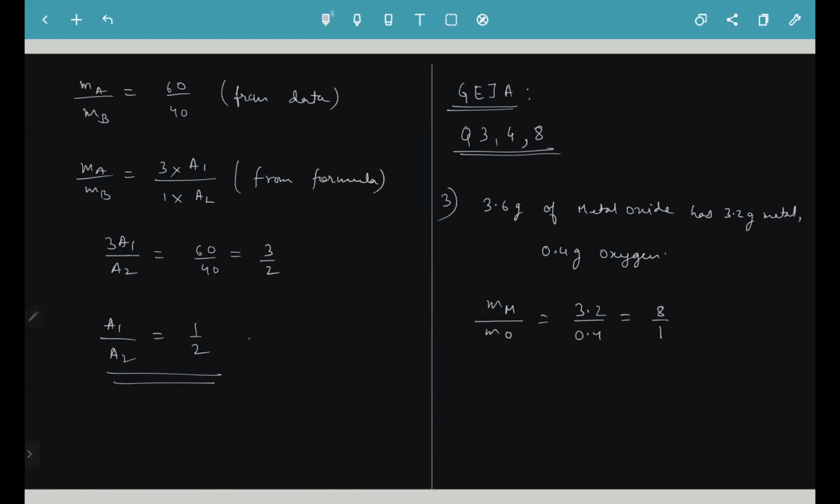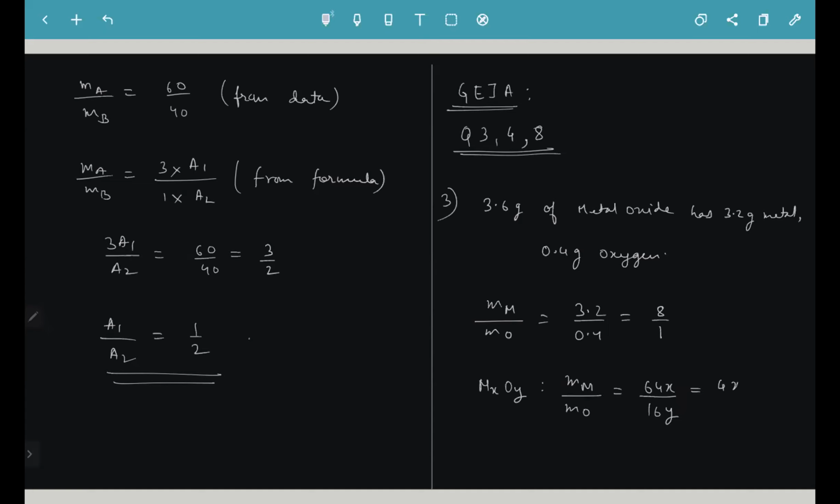So let us write the formula of the oxide as MxOy. So from the formula, we'll get mass of metal is to mass of oxygen is equal to 64x upon 16y. There are x atoms of metal and y atoms of oxygen. So from the formula, the ratio will be 64x upon 16y.